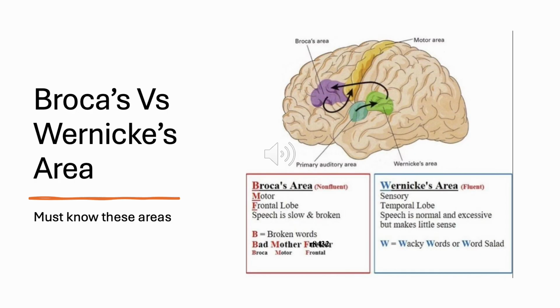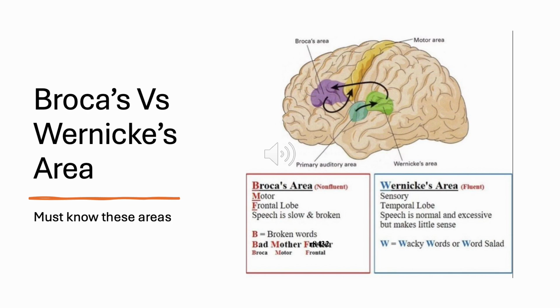So how we articulate, how we make words, okay? So if somebody has damage to this area, they're not going to be able to talk, and this is called expressive aphasia. And it is very frustrating to patients when they have a left-sided brain attack and they can no longer speak, okay? They get high anxiety.